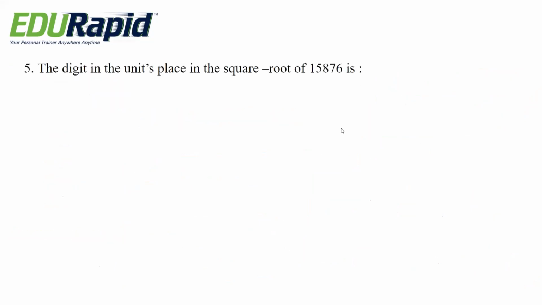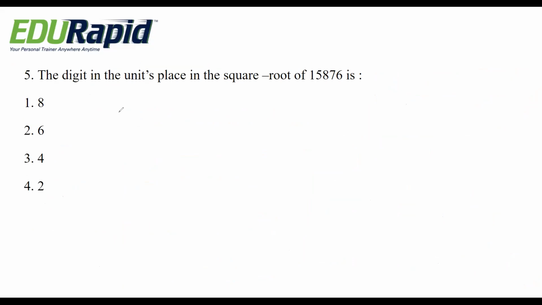Next question. The digit in the units place in the square root of 15876 is what? Options are 8, 6, 4, 2. So here they are asking the digit in the unit place.